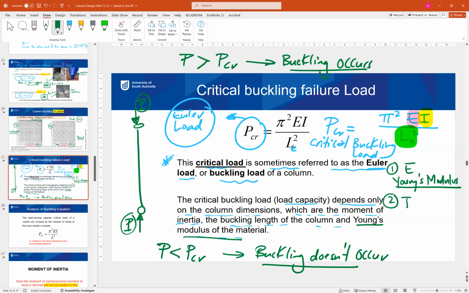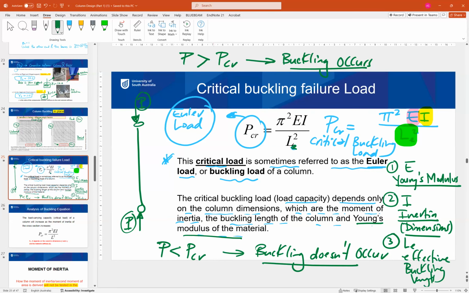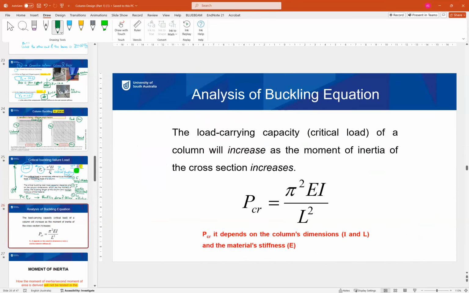Number 2 is I, the inertia of the member or the dimension of the member. Number 3 is LE, the effective buckling length. So these are 3 parameters that control the buckling load.